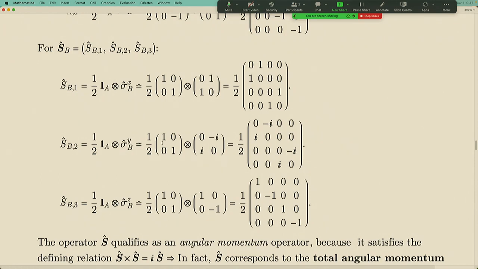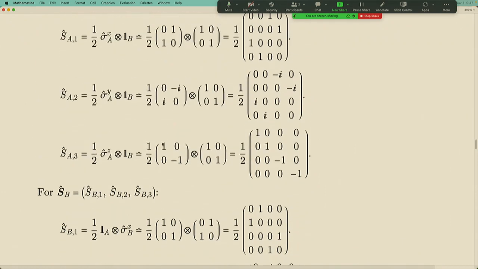Now, you just need to add SB1 with SA1. So SA1 is this 4x4 matrix. SB1 is this 4x4 matrix. If you add them together, let me write down the answer here. If you add them together, these two matrix elements also become 1, and then these two matrix elements also become 1. Okay, so that is the S1 operator. That is S1 here.